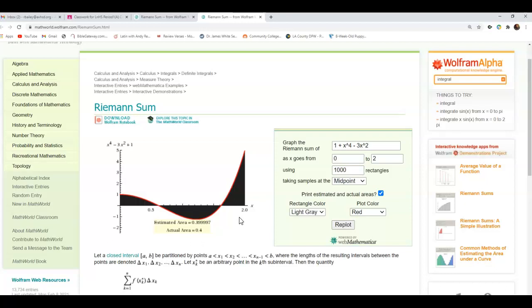So the more rectangles you have, even if I made this a left-handed Riemann sum, it still comes out to be darn good. So the point is that the more rectangles you have, the better. Okay? In mathematics, we use a symbol to represent adding a bunch of things together.